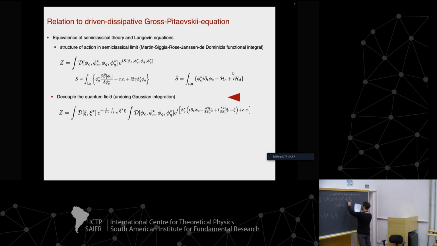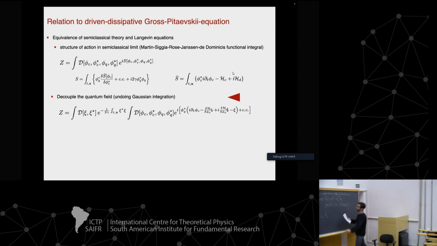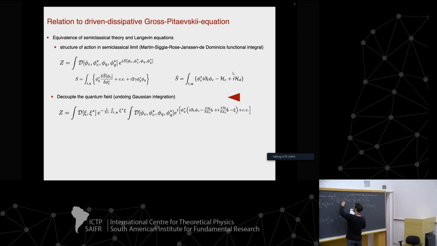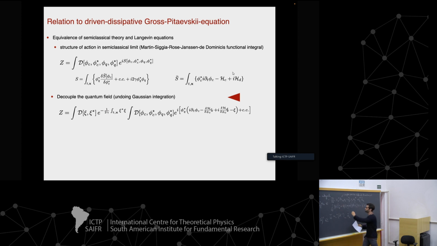This here becomes t prime, summation A and B over psi t prime, plus this thing, where this correlator here we take as 2 over gamma delta of t minus t prime.